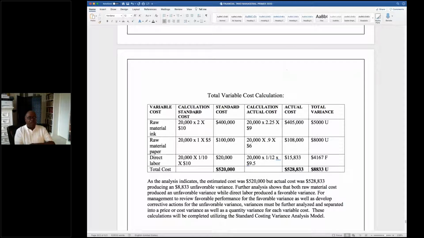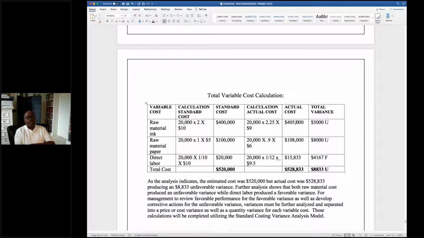So on the raw materials, ink, we're supposed to have 2 ink cartridges at $10 each, and our cost was supposed to be $400,000. So we did make 20,000, but they used 2.25 ink cartridges, and the price was $9.